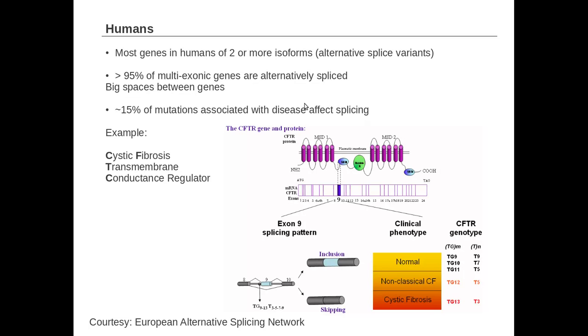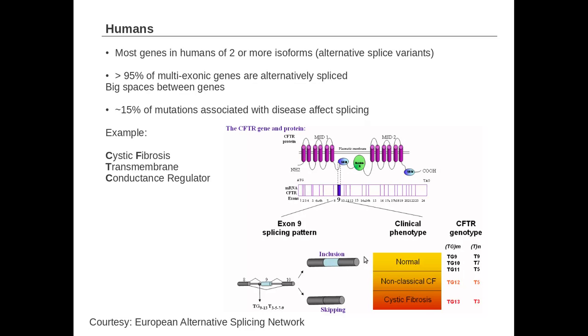But one of the reasons why individuals end up having the disease is because of mutations at individual positions in an intron that lead to failure to correctly splice in any event the gene called the cystic fibrosis transmembrane conductance regulator. So this is an ion transporter expressed in the lung tissue, and exon 9 is the problematic exon.